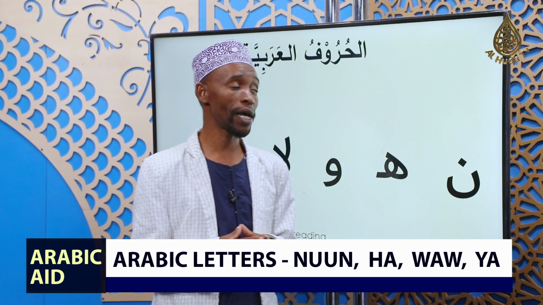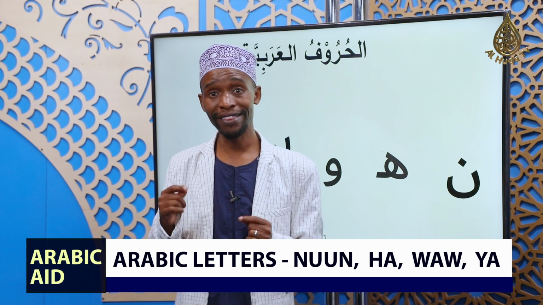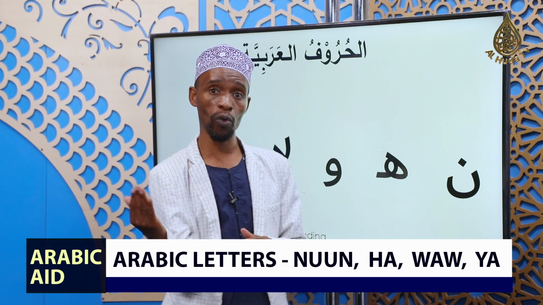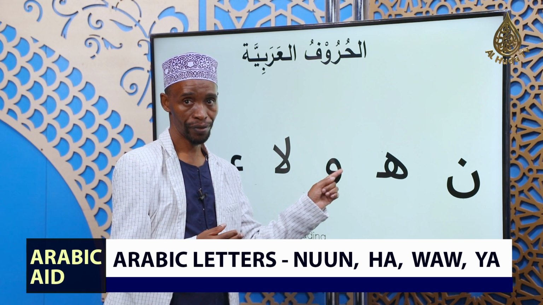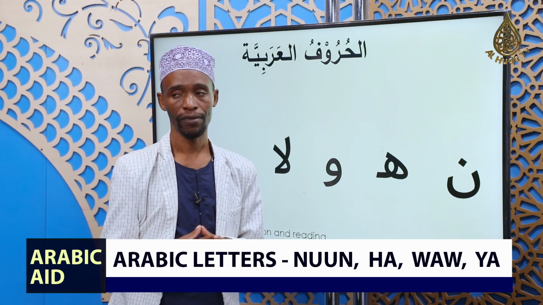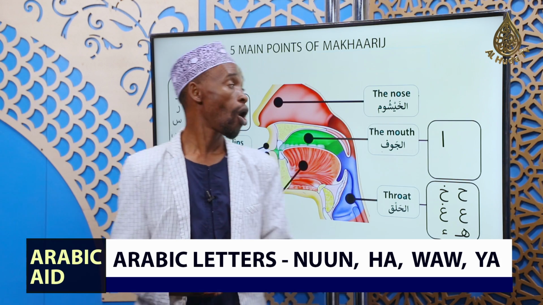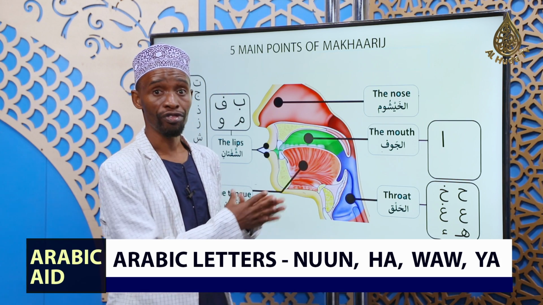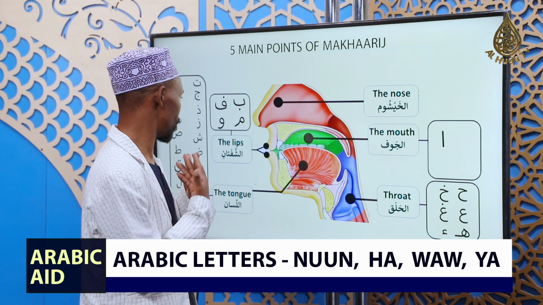Ha is followed by Wow. To recognize, think of a banana with a circle as its face. Where is the makharij for Wow? On the diagram, the makharij for Wow is at the lips.